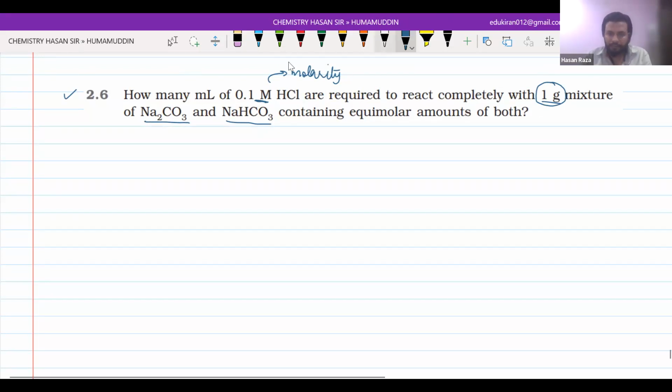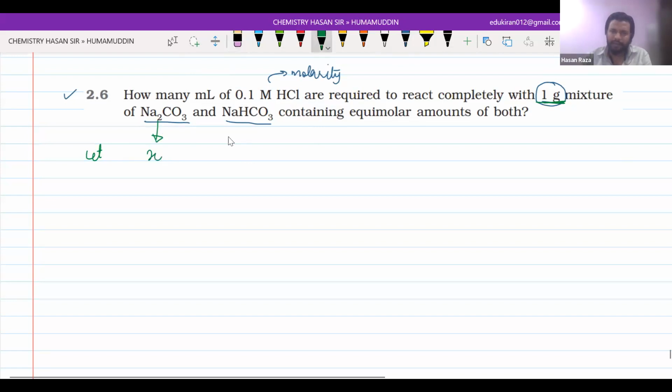Now see, it has been given that HCl has a molarity 0.1 and there is a mixture of Na2CO3 and NaHCO3 and that mixture has a weight 1 gram. So let the weight of Na2CO3 be X, because you'll be confused.